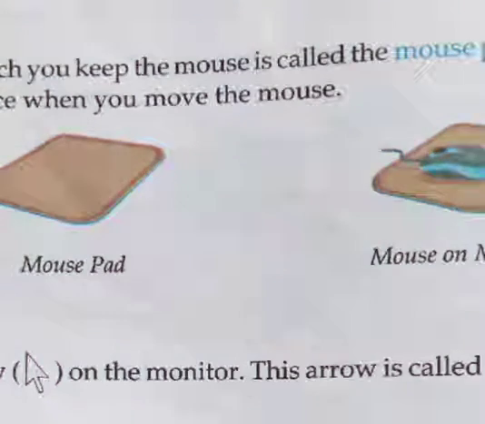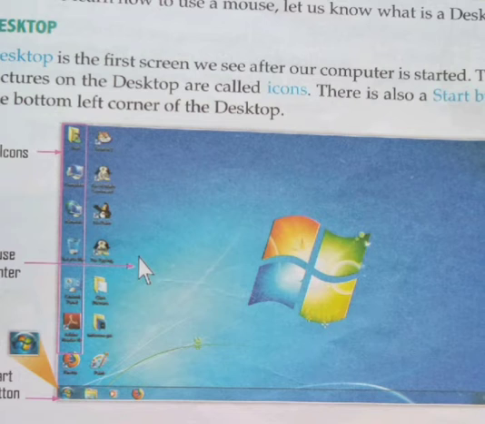Next is desktop. Desktop is the first screen we see after our computer is started. The small pictures on the desktop are called icons. There is also a start button on the bottom left corner of the desktop.